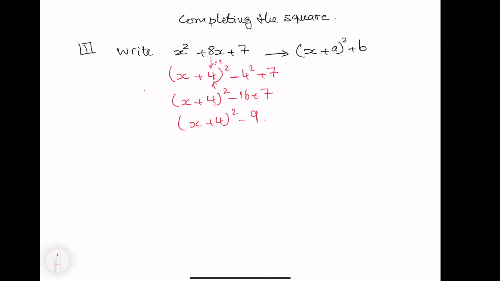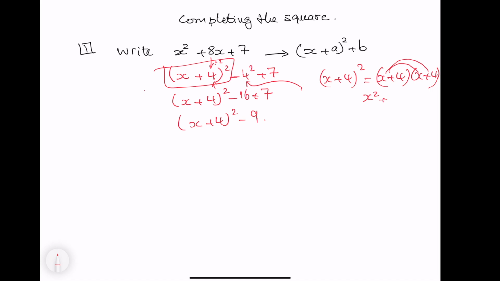Yeah? All right, good. The reason why we have to do this minus 4 squared, because if you expand x plus 4 squared, you will do x plus 4 multiplied by x plus 4, which is x squared plus 4x plus 4x plus 16, which is x squared plus 8x plus 16.